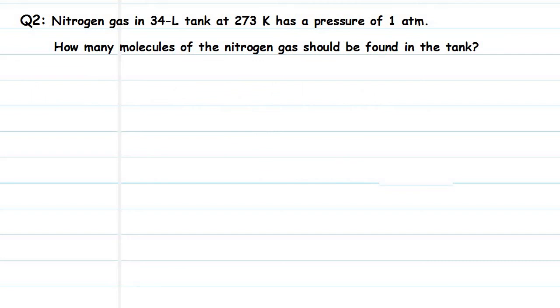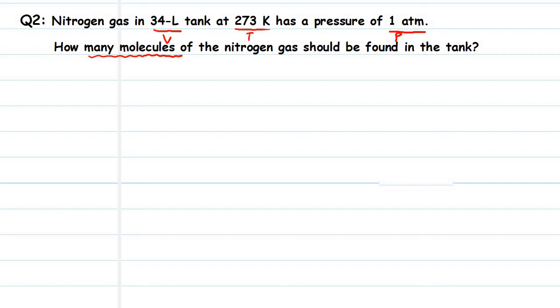For this question, nitrogen gas in a 34 liter tank at 273 Kelvin has a pressure of 1 atm. How many molecules of the nitrogen gas should be found in the tank? Alright, so let's see what we know. This is V. This is T. This is P. And here they want how many molecules.